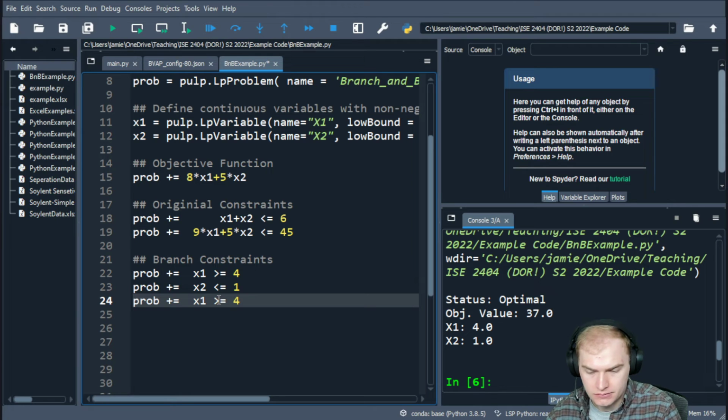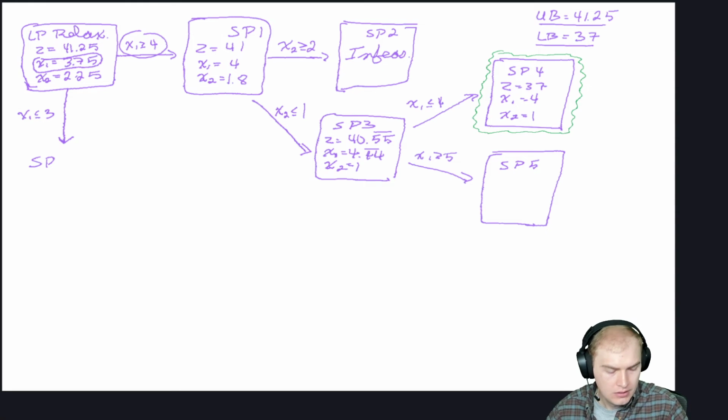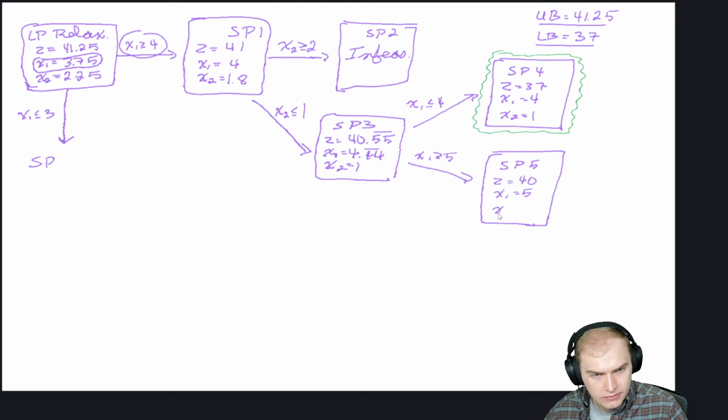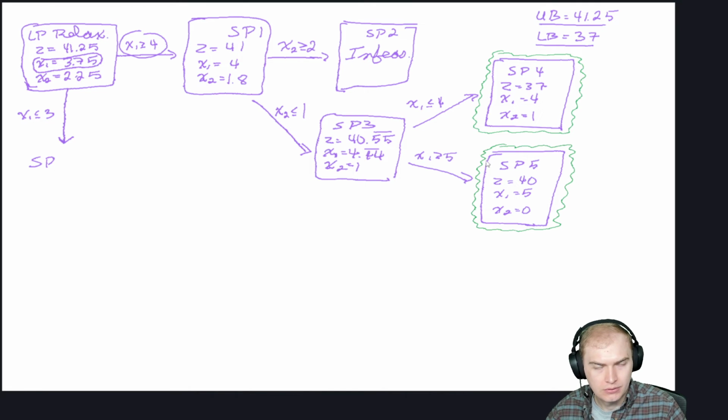X1 greater than or equal to 5 has an objective value of 40. So z equals 40, x1 is 5, x2 is 0. This is another integer solution. This has a better objective function value than we just found.